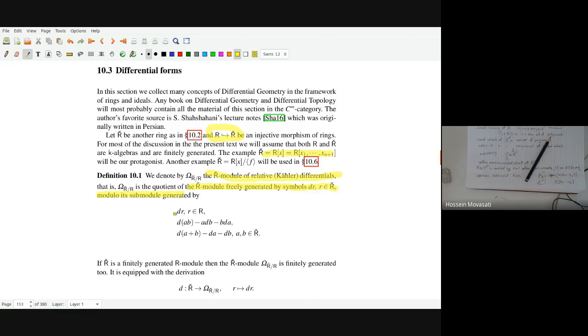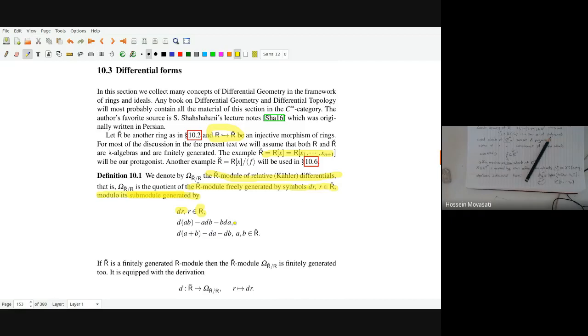First of all, the differential of the elements of R I want to be 0, so the elements of R I want to become constants. This means that dr must be 0. That's why I am quotienting the Ř-module freely generated by symbols dr modulo its submodule, that is, the submodule generated by these dr. So the differential of the elements of R I want to be constant.